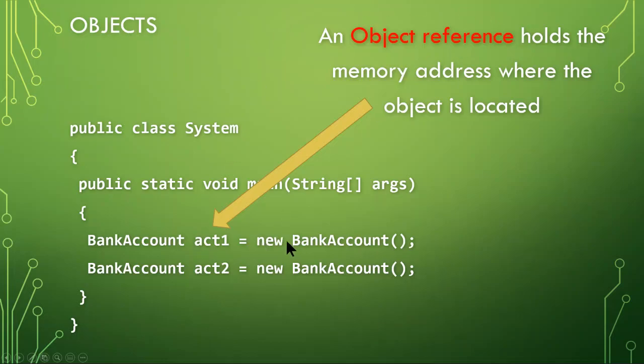Because this command that you see here, new bank account, tells the machine to go and allocate memory where that object will be, and it gives back the address. So the result of new gives back an address of where that object is, and then it gets stored into your object reference. So in this code example, we have two object references, and two separate objects stored in memory with them saved within these variables.